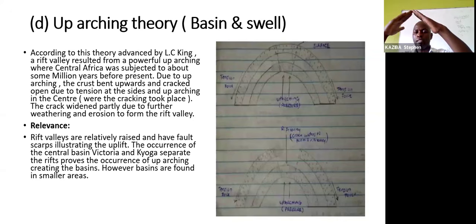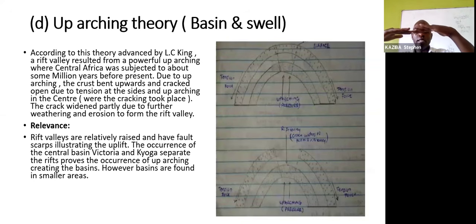Due to up-arching, a crack developed and erosion took place on that crack, and it widened to form a Rift Valley. So how is this relevant? They say Rift Valleys are relatively raised and have fault scarps illustrating the uplift. So that uplift happened as land folded upwards.